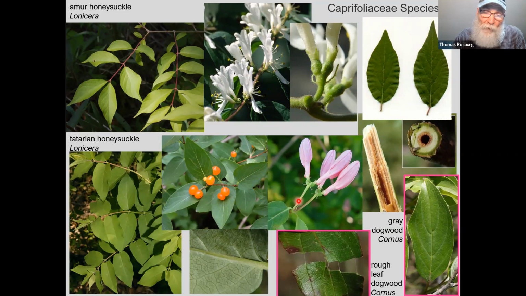A couple other things: the exotic, non-native honeysuckles are always different from the native honeysuckles in what you see right here. If you were to take a cross section of a twig or maybe a 2 to 3 year old branch, you see that the center of the twig is hollow. So the very center doesn't have any tissue at all.